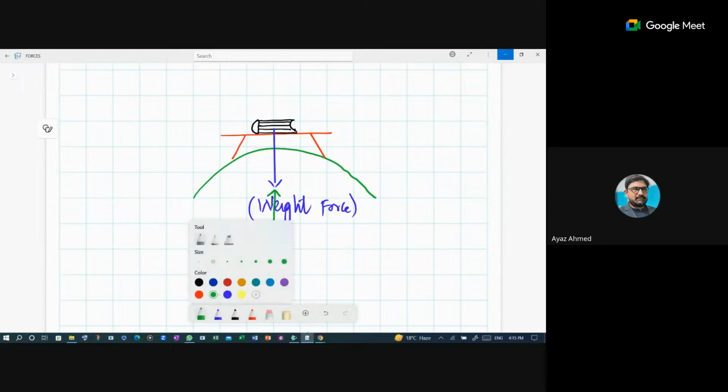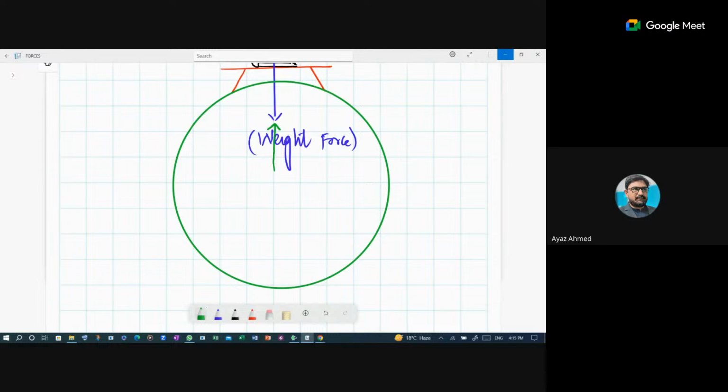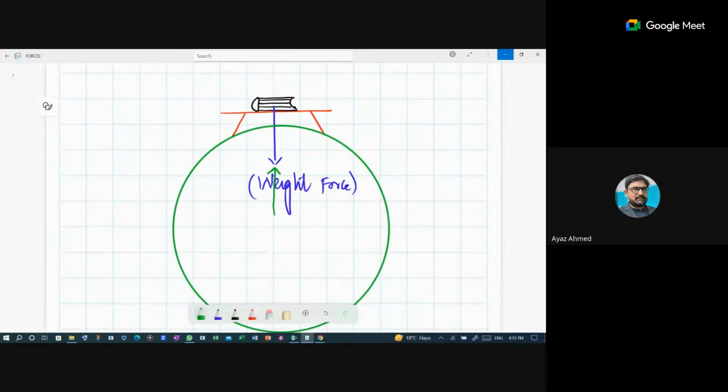Now I will complete the earth's diagram. This is the earth. If I say the book is pulling the earth towards it, then this weight is the pull of the earth on the book.